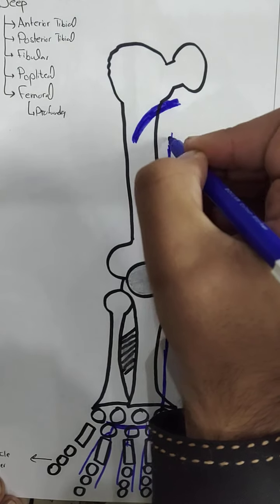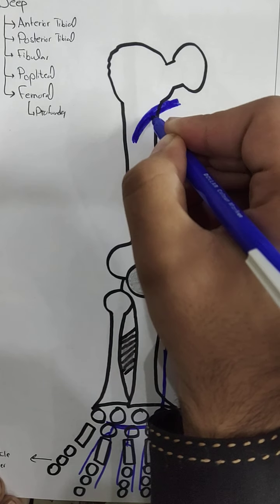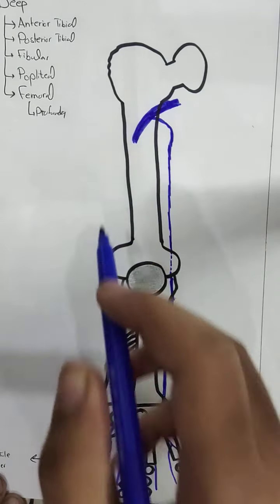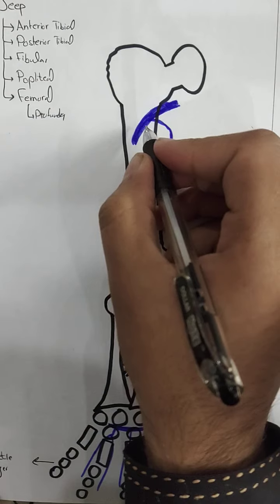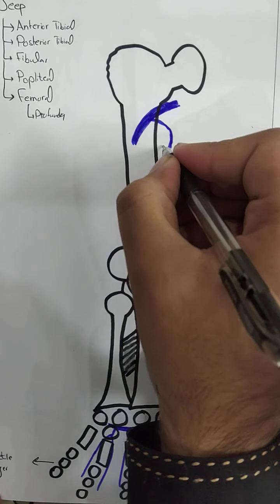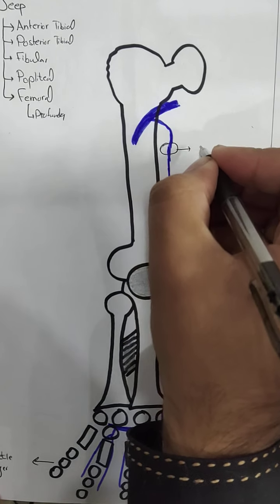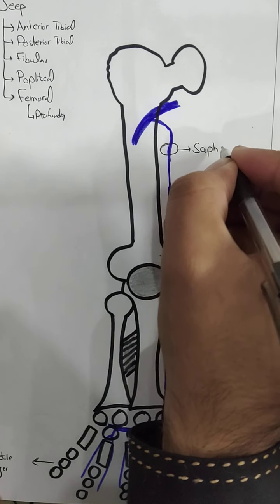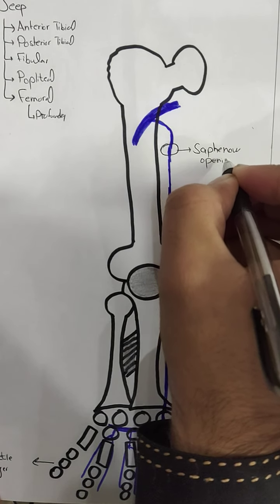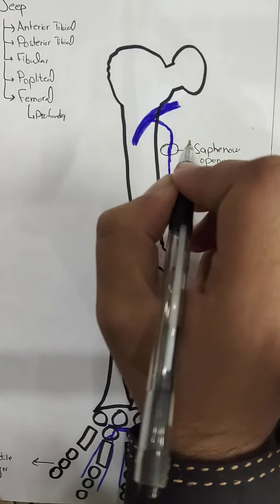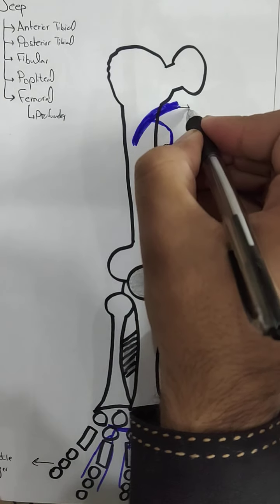And then it will drain into this femoral vein. So now we will see its several relationships. First of all, before entering the femoral vein, it will enter this saphenous opening, through which it will enter the deep fascia, and then it will drain into this femoral vein.